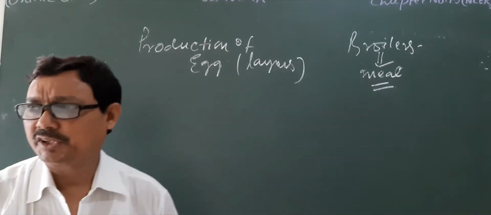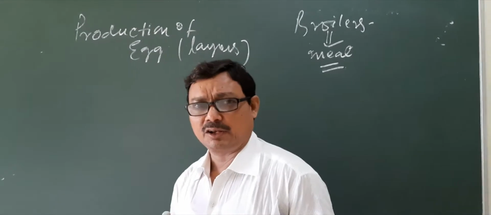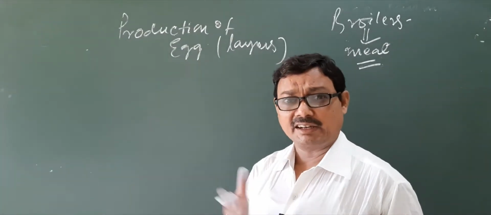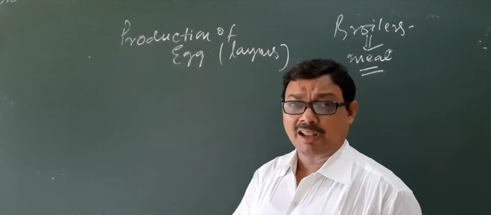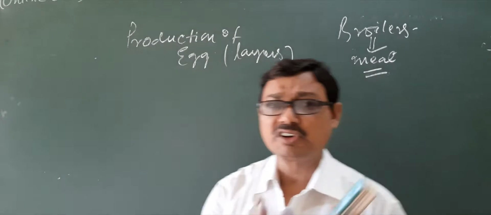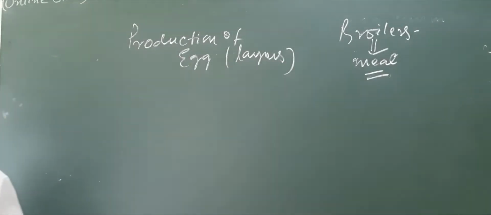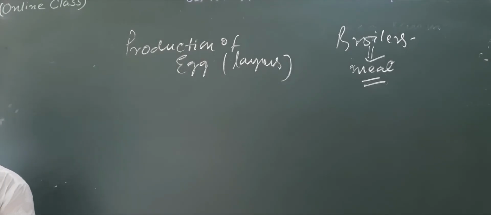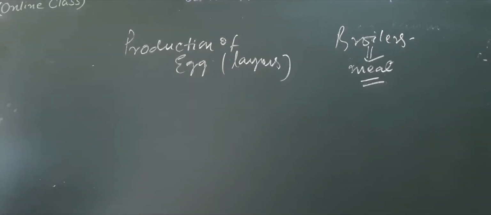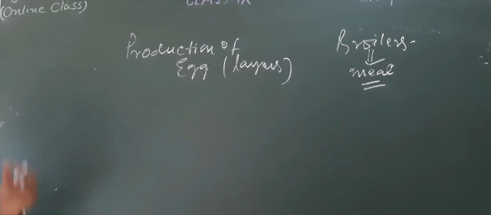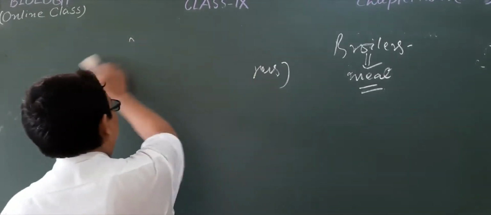Similarly here also, if we require good production of both eggs and meat from the broilers and from the layers, then we must be careful regarding their nutritional requirement, their shelter and their disease control measures. And in this context, we may follow the following guidelines.